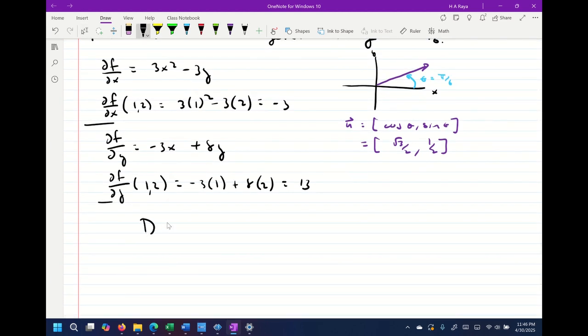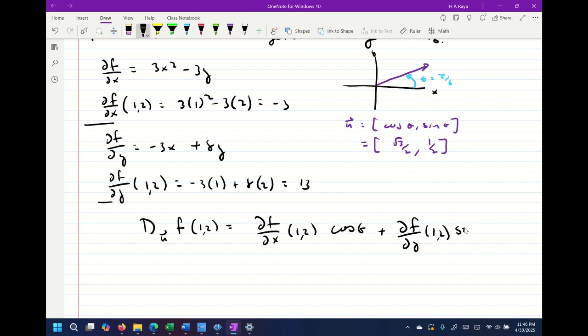So our directional derivative of our function in the direction of u at the point 1 comma 2 is equal to the partial derivative of f with respect to x at 1 comma 2 times your cosine of theta, plus the partial derivative of f with respect to y at 1 comma 2 times the sine of theta. And we have values for all four of these.